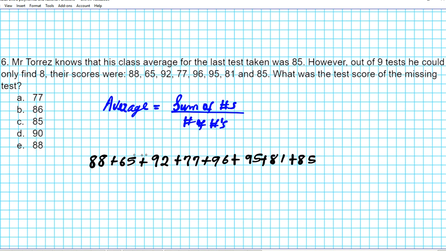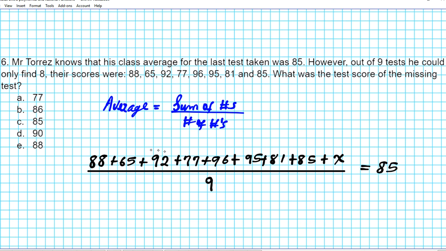Now we have 1, 2, 3, 4, 5, 6, 7, 8 tests. And then there's a missing test that's not here. Let's call that X. All that divided by the number of test scores that we have, which is 9 in all. That gives us the average of 85.